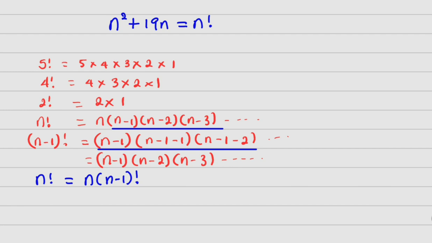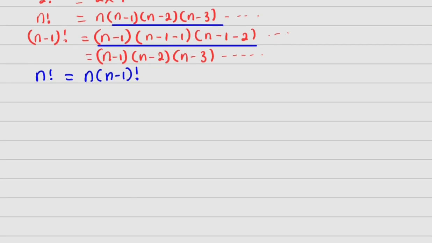So I will now substitute it back into my expression so that I'm going to have n squared plus 19n is equals to n into n minus 1 factorial. Now having this, I have n that is common, so I will now divide through by n.